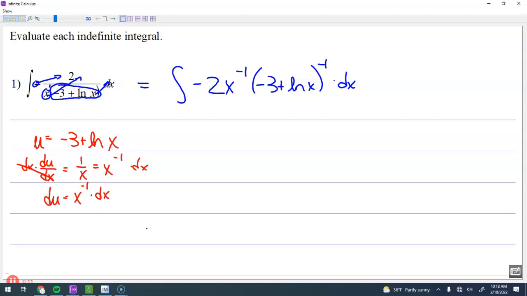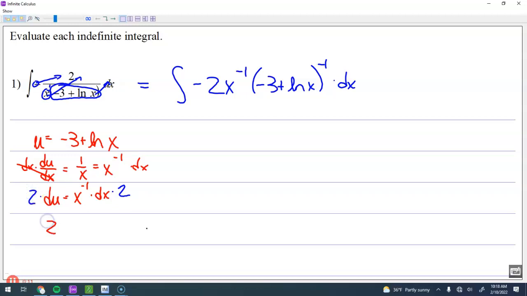Well, I'm almost matched up with the original problem, but I'm not quite. Like I know I can put a u in place of this, but I've got 2x to the negative 1 times dx that I need to match up with. Right now I've only got x to the negative 1 times dx. So what do I need to put right here? 2. So if I multiply the right hand side, I'm going to multiply the left hand side.